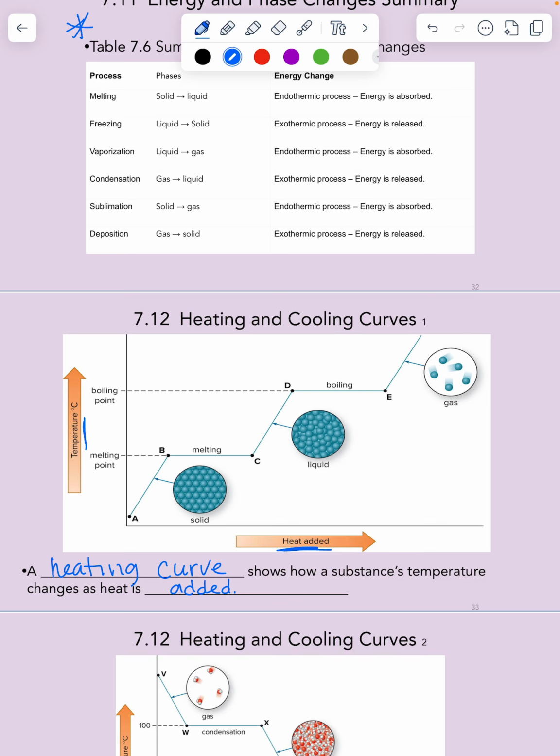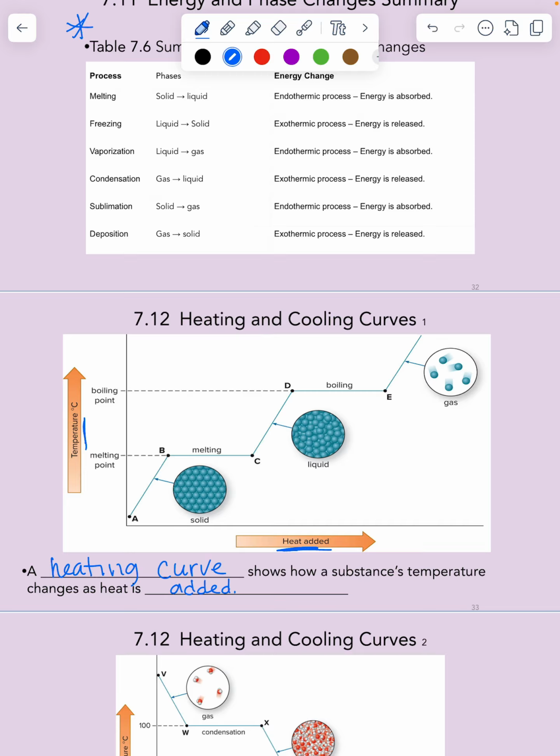And then at point D to E, we have another phase change called boiling, changing from a liquid to a gas. Again, energy is being added the entire time, but instead of the temperature increasing, all of the energy is going into breaking the intermolecular attractions. The temperature stays the same until all of the liquid has turned to a gas.